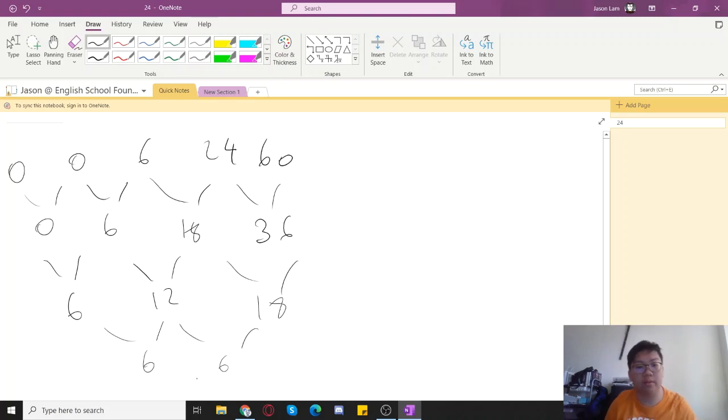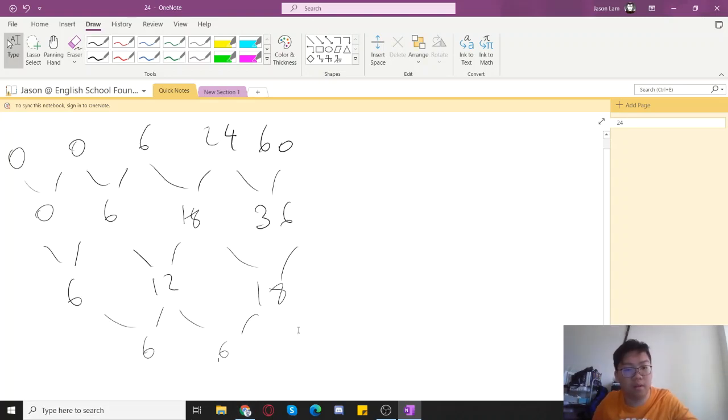Huh. So we're left with something very interesting. So this is likely to be a cubic from how it looks right now. How would you predict the next one? 6, 18.